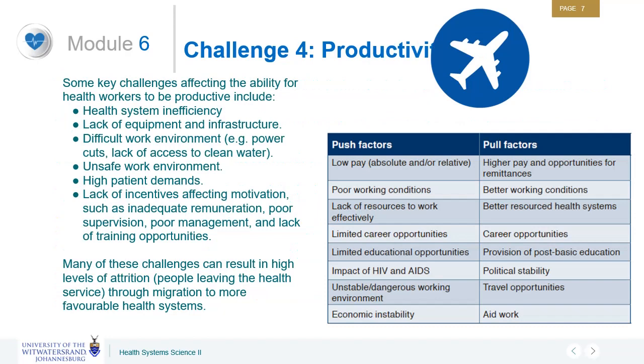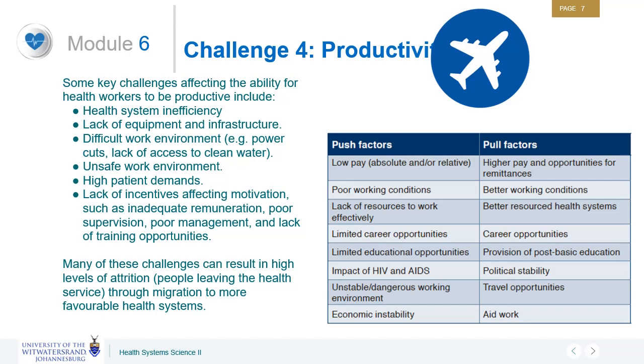The fourth challenge relates to productivity. Productivity can be measured in terms of efficiency and effectiveness. Some of the challenges that affect health workers are health systems inefficiencies themselves. These could be due to a lack of equipment or poor infrastructure, or difficult work environments. For example, if there are constant power cuts or lack of access to clean water.